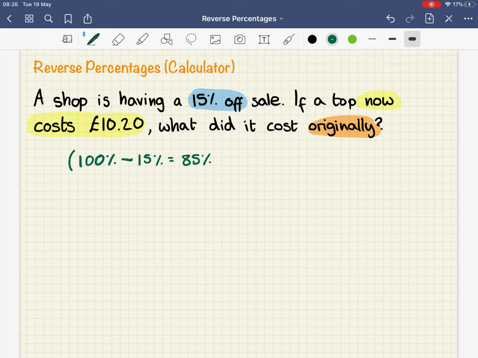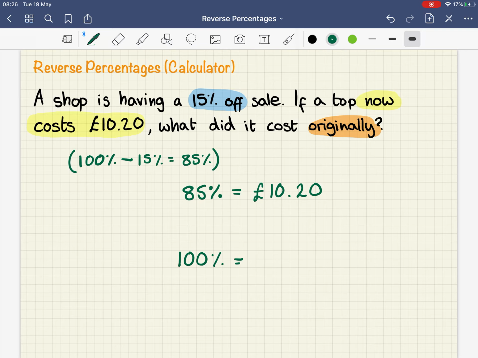So everything is at 85% sort of value. So we write 85% equals that £10.20. And essentially our end goal is to find out what 100% was.